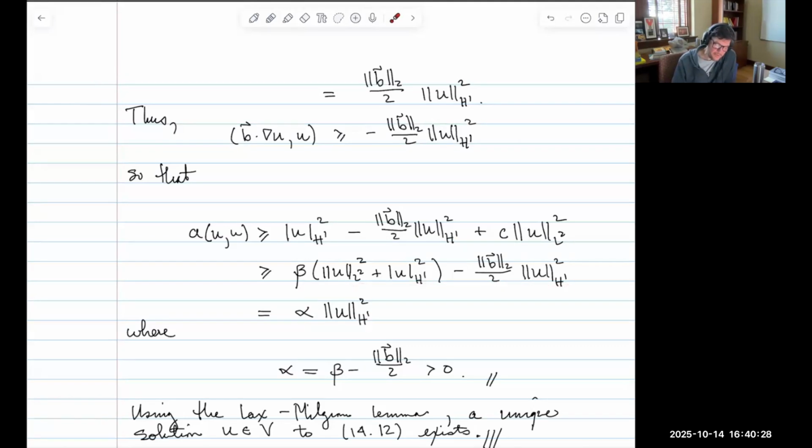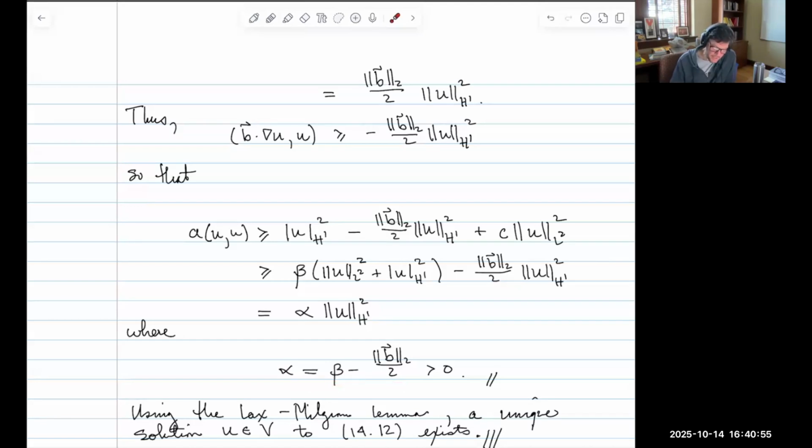I can combine those two using the distributive property, and I can remove the common factor of the H1 norm of u squared, and whatever is left is going to be actually alpha. Okay, it's just going to be this minus this term. Beta minus this term is what I called alpha up above.